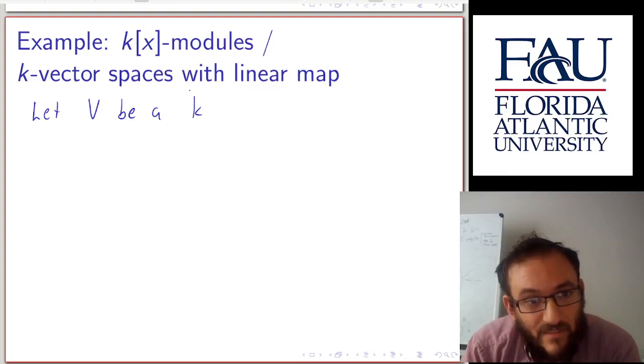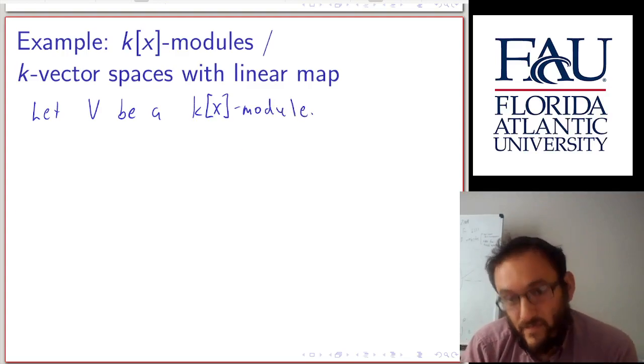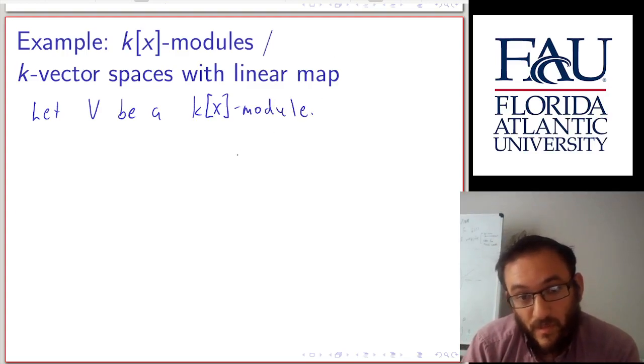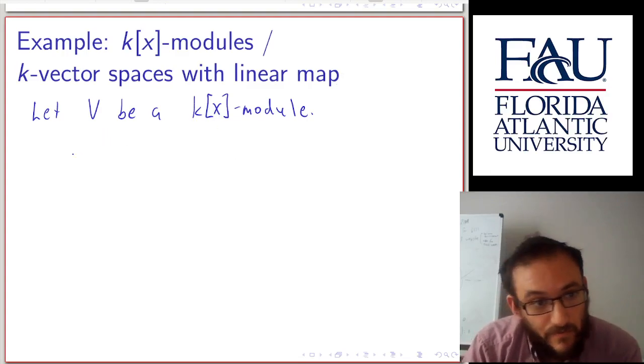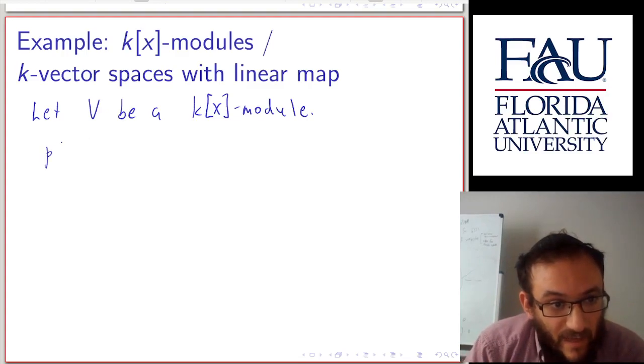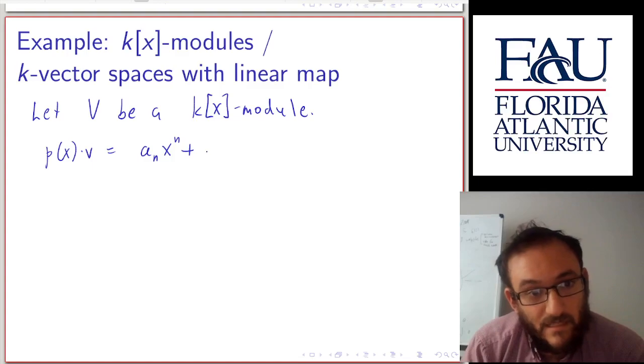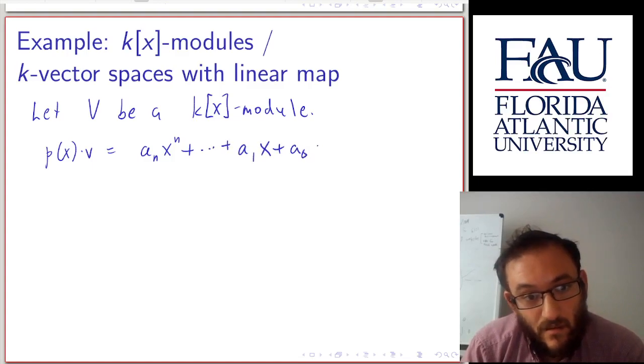That means we have to have some well-defined multiplication of these polynomials by elements of our module. So P of x dot v is going to be a_n x to the n plus up to a_1 x plus a_0, dot v.